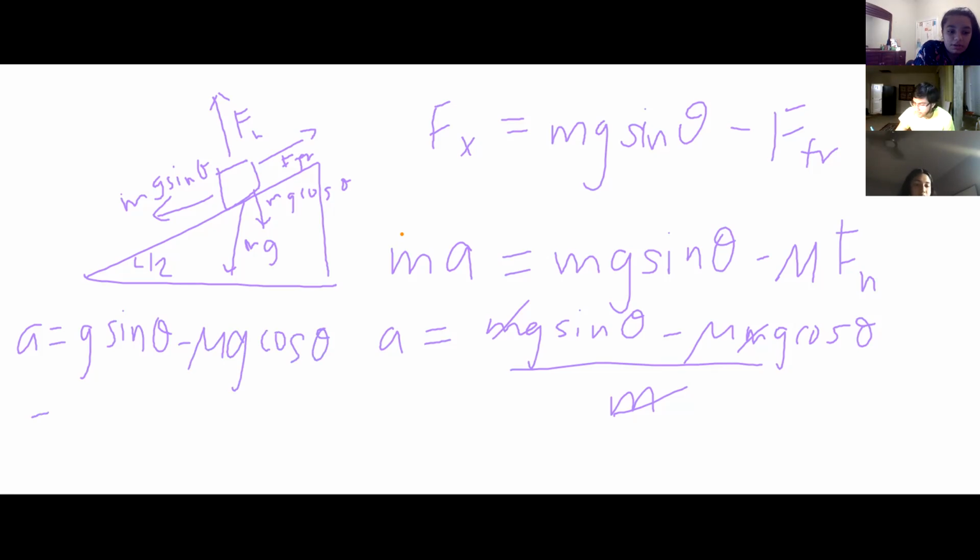Yep. Which equals, I'm losing space, so g sine theta is just 10 of 42, right? Yep. And now I just put this all into my calculator. Okay. Minus, what is this? 0.2.